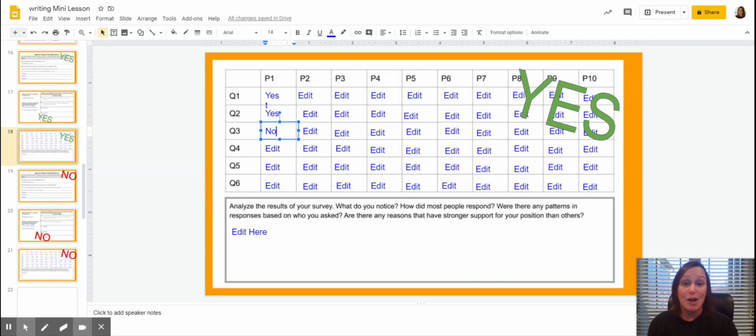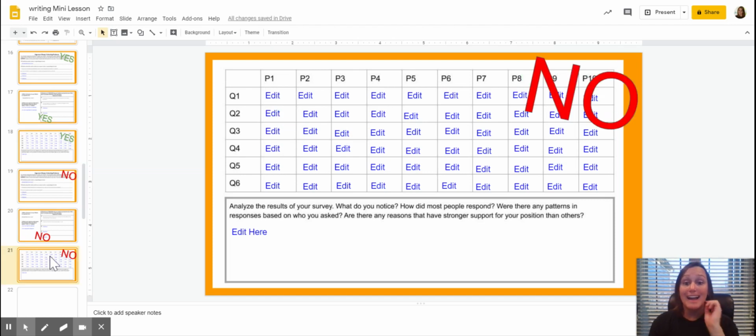Then tomorrow, after you're done surveying people and completing your chart, whether you are in favor of zoos or you are against zoos, as soon as you're done surveying, then you're going to come down to the bottom and you're going to analyze the results. To analyze the results, you're going to follow the directions. What kinds of things do you notice? What are you observing about the responses? How did most people respond?